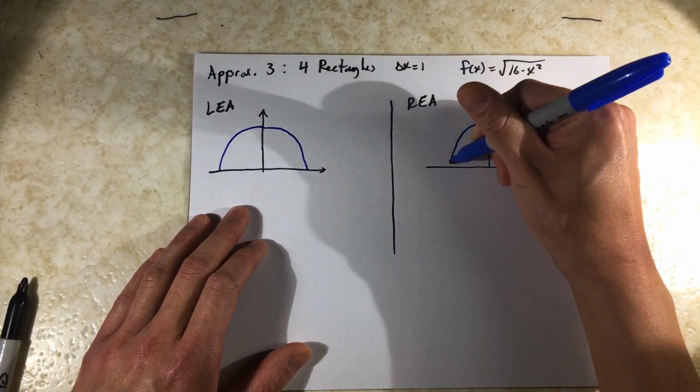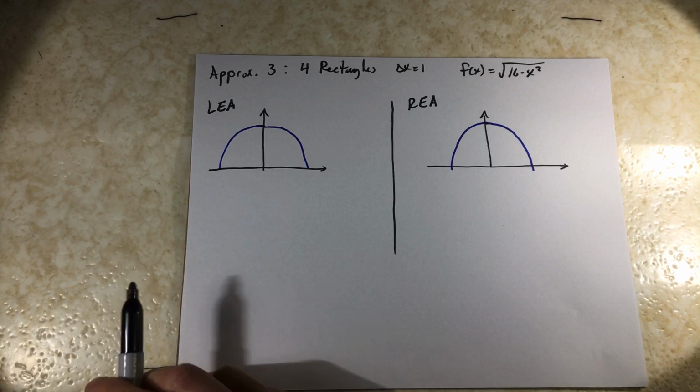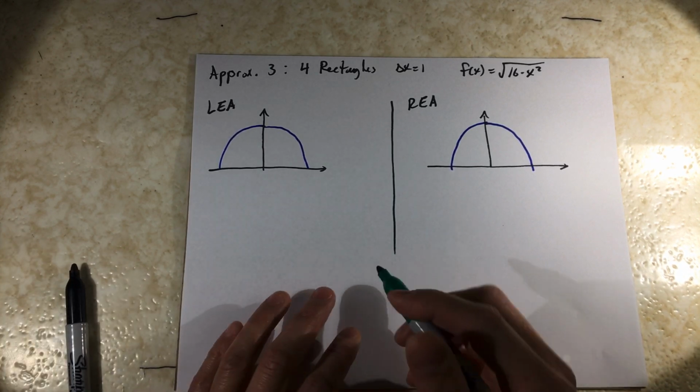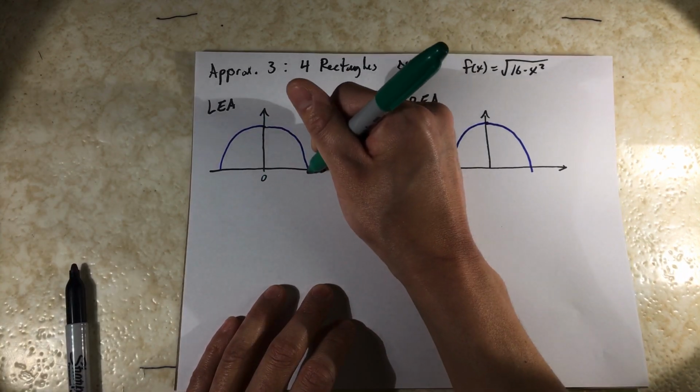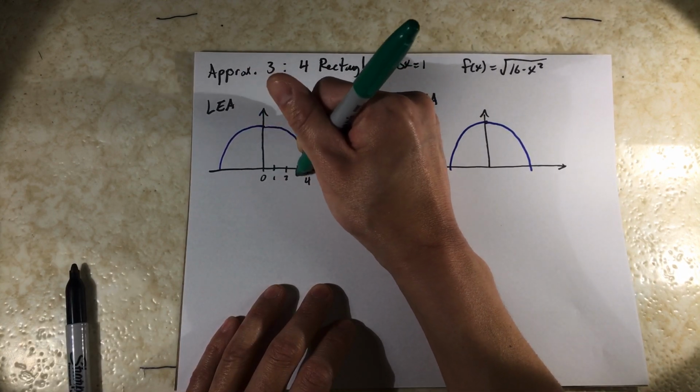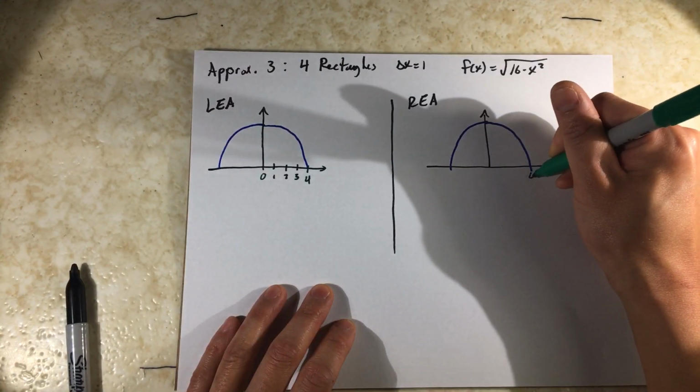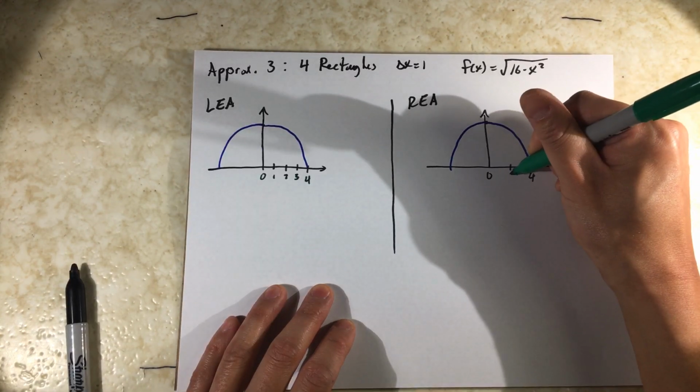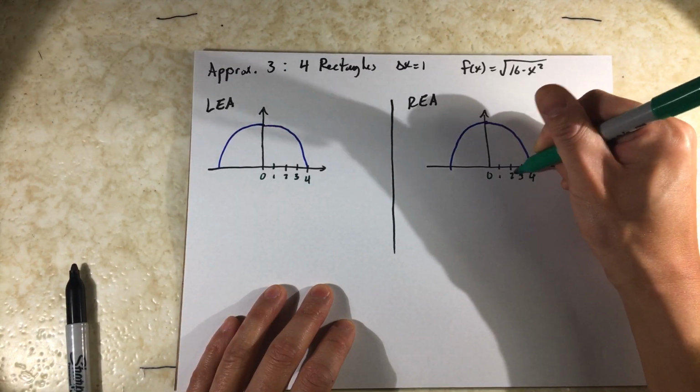My circles are getting worse and worse. Okay, so for this one, we're going to have 0, 1, 2, 3, 4.